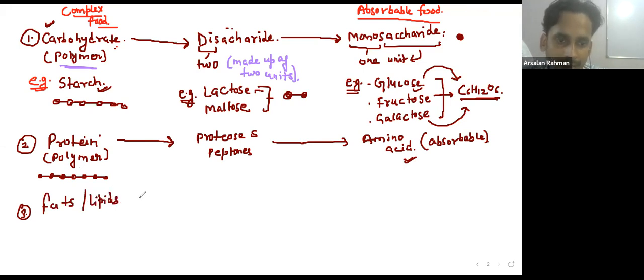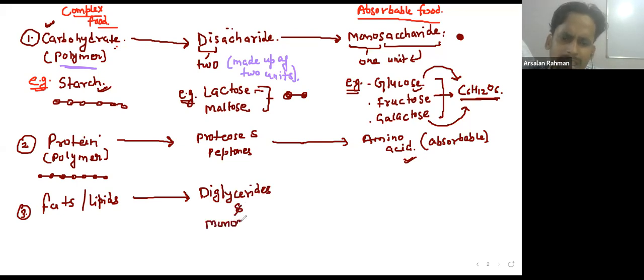So we have to convert fats, or you can say lipids, into what, beta? First it will convert into diglycerides and monoglycerides.